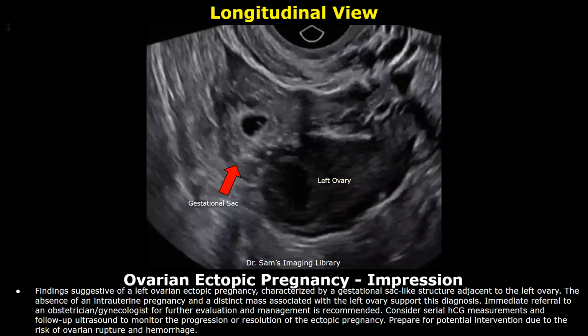Immediate referral to an obstetrician or gynecologist for further evaluation and management is recommended. Consider serial HCG measurements and follow-up ultrasound to monitor the progression or resolution of the ectopic pregnancy. Prepare for potential intervention due to the risk of ovarian rupture and hemorrhage.